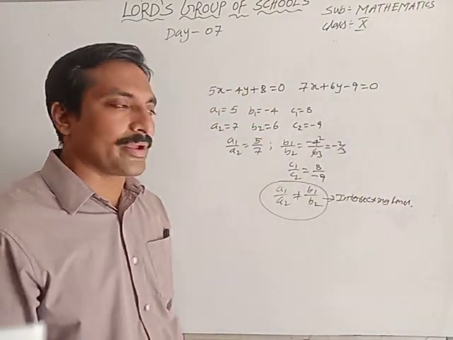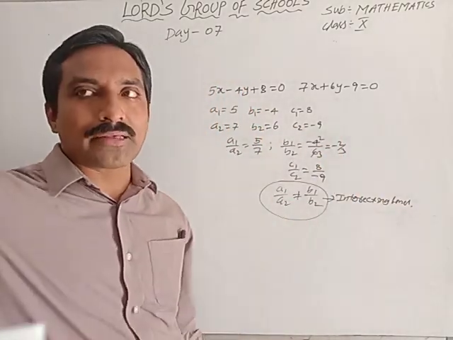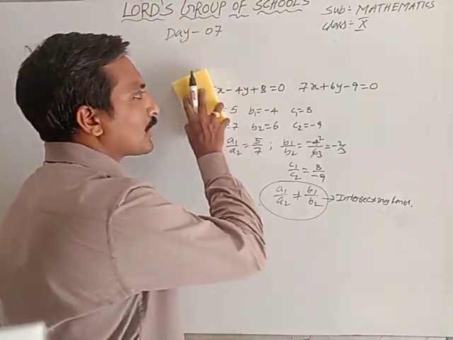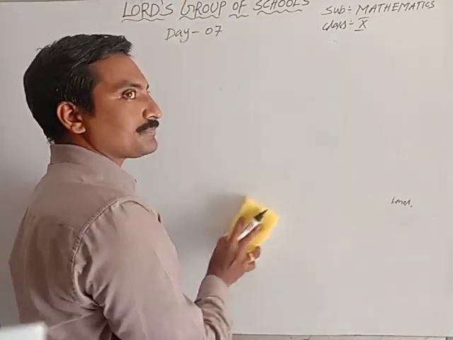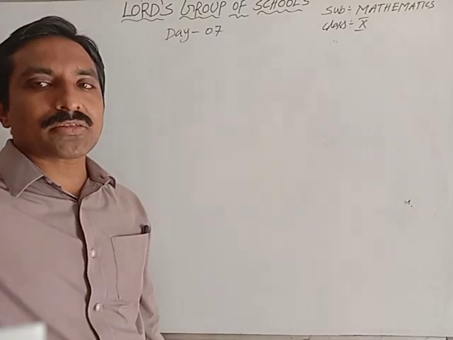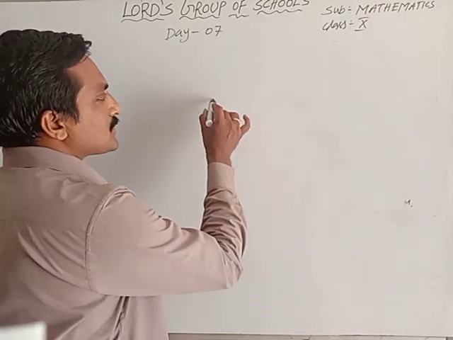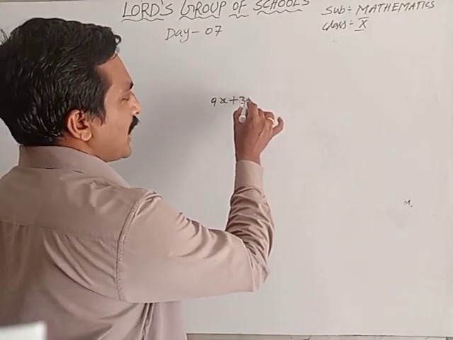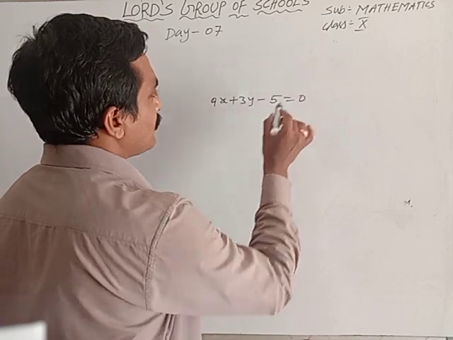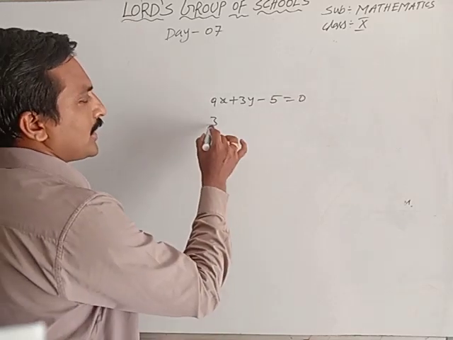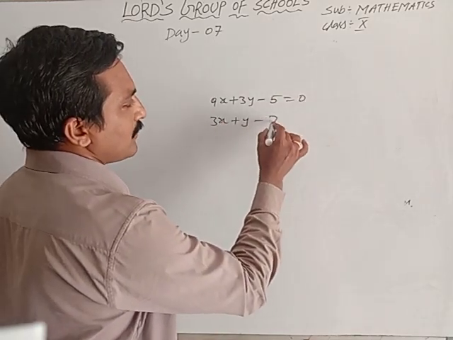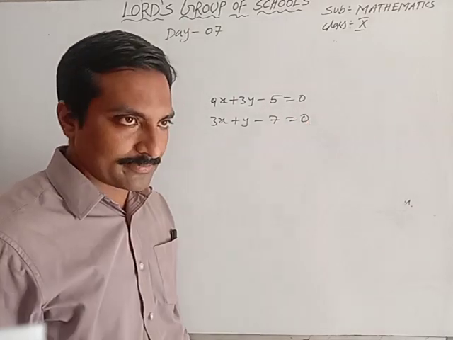Like that you have to move on. So next, one more example based on this. 9x plus 3y minus 5 is equal to 0, and 3x plus y minus 7 is equal to 0. That is given.